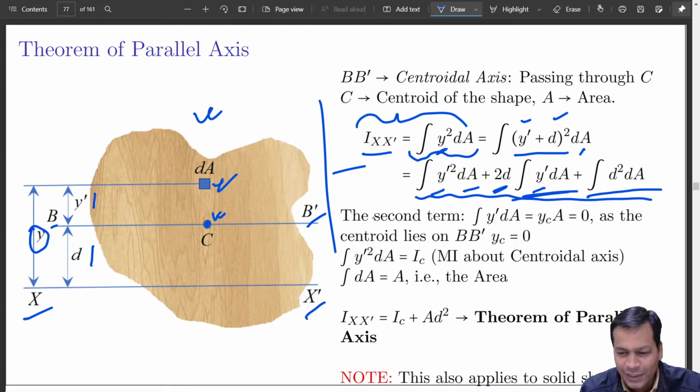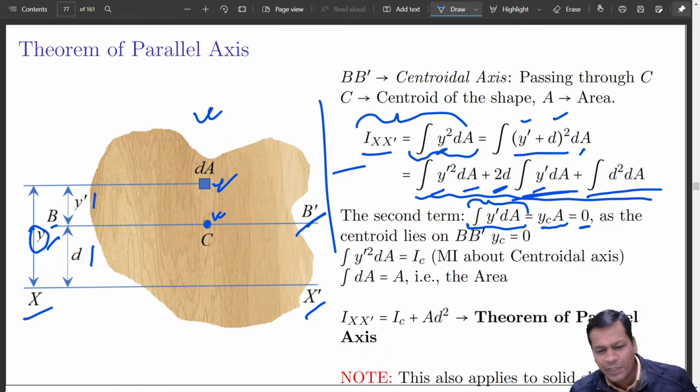Now let us see the second term, y dash dA. It is basically the moment of this area about the axis b dash, so it is y c into area, and that should be equal to 0, because this is an elemental small piece dA.